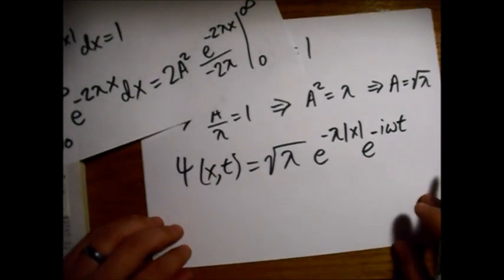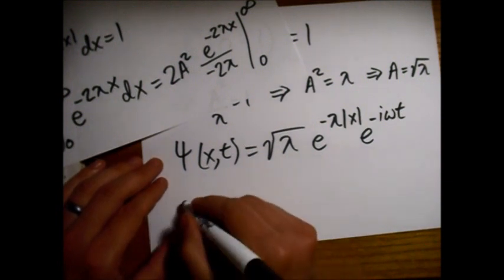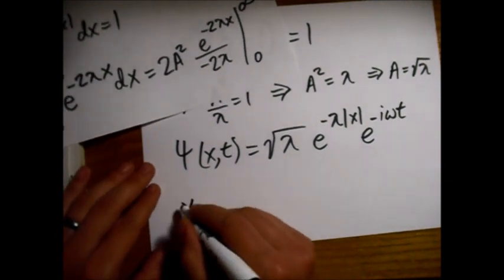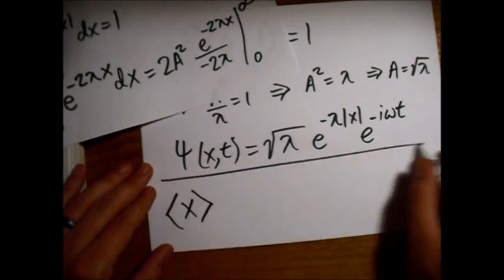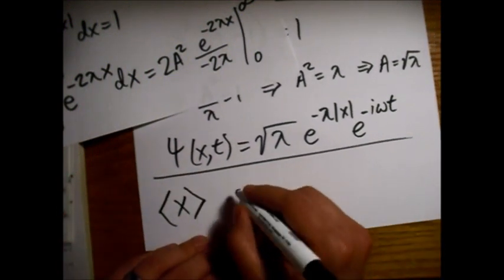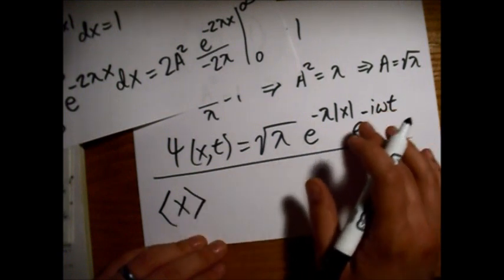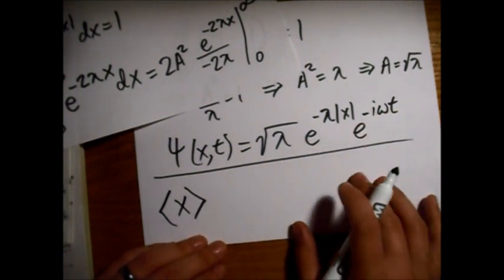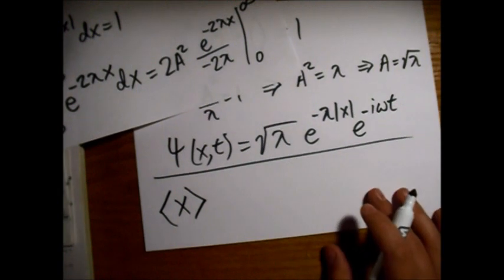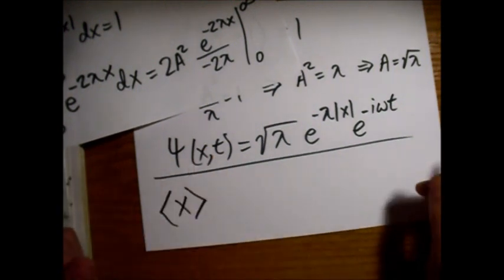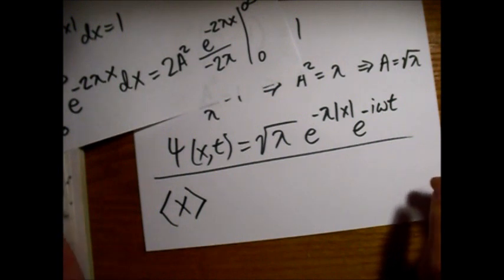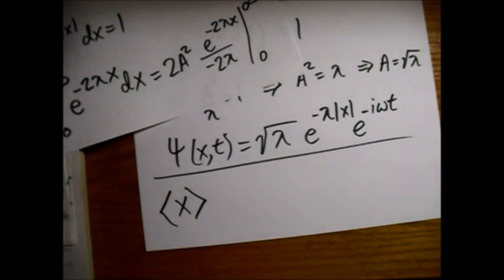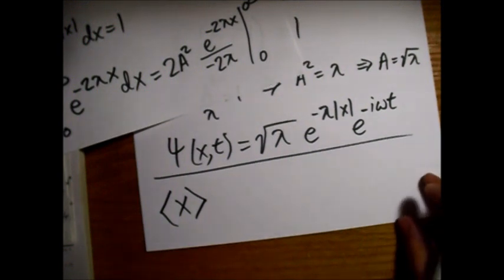Alright, well, the expectation value of x, if we break the wave function into two halves from minus infinity to 0 and 0 to infinity and do our integration that way, that helps with the absolute value on the x.